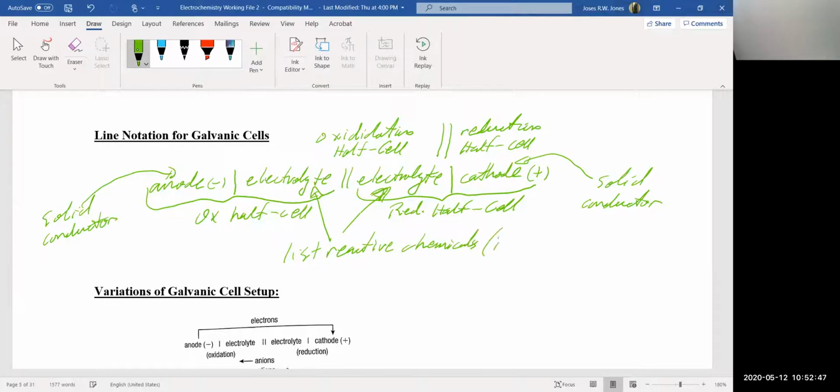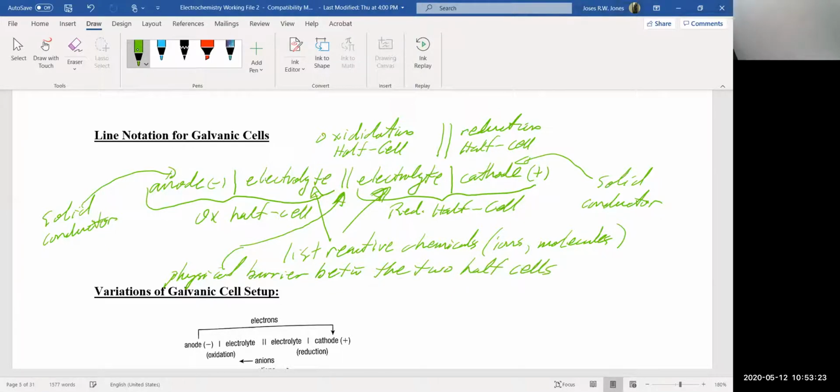Okay, so they may be ions, molecules, or ionic compounds, you will hopefully see. And this thing over here, if you don't recall me saying 2 minutes ago, is a physical barrier between the two half cells, the oxidation and reduction half cells.